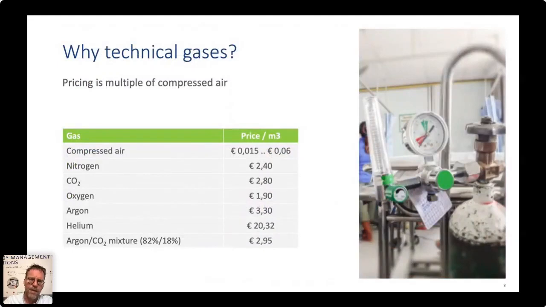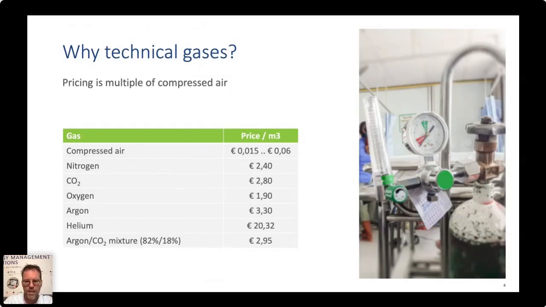The other part, technical gases, which are also used a lot in production plants, are also a very interesting thing to look at. And why? Because they are even more expensive if you compare them to compressed air costs. Look, for example, at nitrogen, which is already about 20 times more expensive. Or if you look at helium, it's even more.